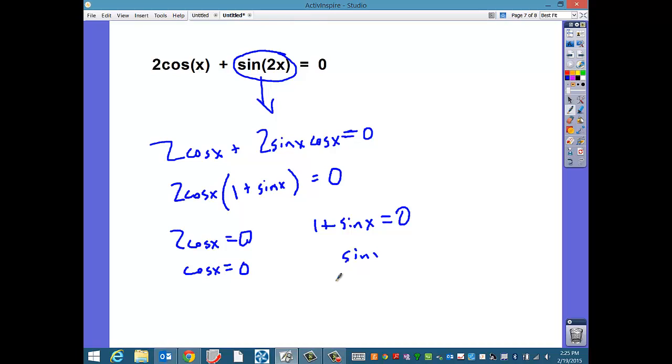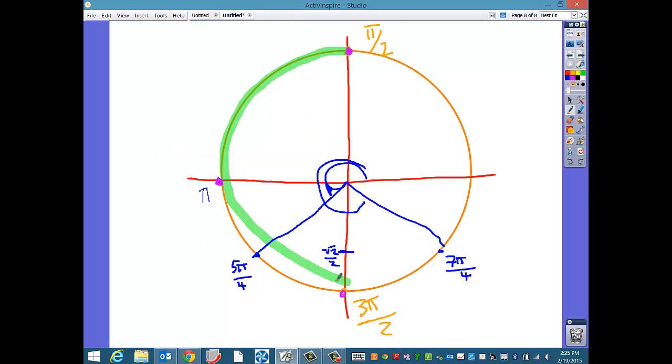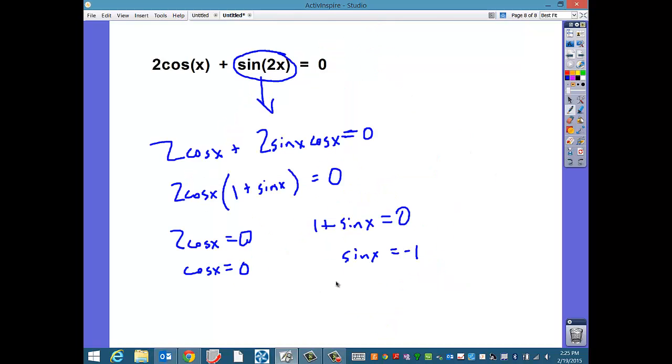And where is the sine of x equal to -1? Funny story, that's one of the places where cosine is equal to 0. Cosine is 0 here and here, and this is where sine is equal to -1. So it looks like we just need all of the angles that are coterminal with these two positions, and that just comes down to pi over 2 plus pi k.